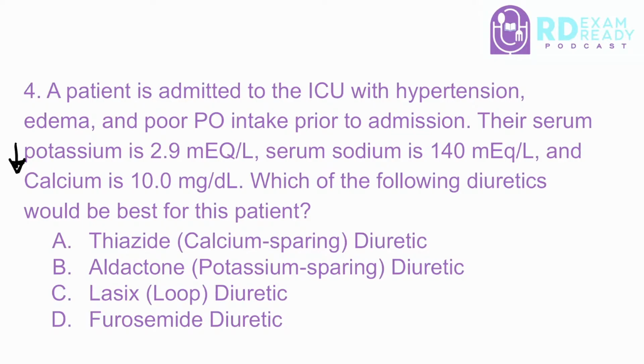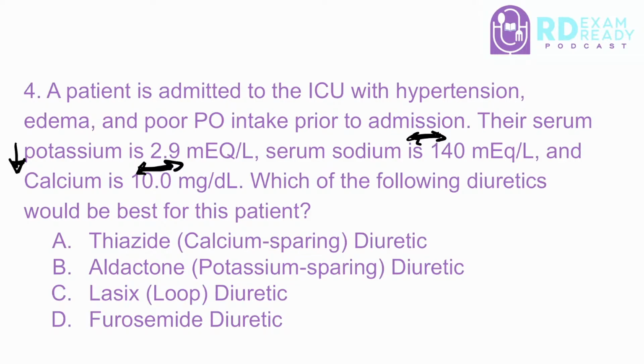Serum sodium of 140 looks like average to me. It should be fine there. Serum calcium of 10.0, per what I know from my labs, it's around 8 to 12 or so. Calcium looks like it is okay. I'm not too worried about the different calcium levels there.